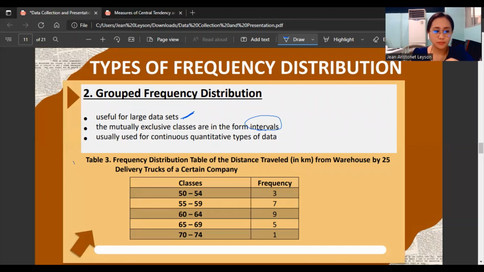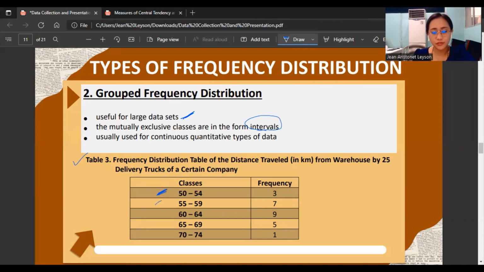So Table 3, we have the FDT of the distance traveled in kilometers from the warehouse by 25 delivery trucks of a certain company. In the first column, this is the number of kilometers traveled by a certain delivery truck. For the first row, the interval is 50 to 54 kilometers.